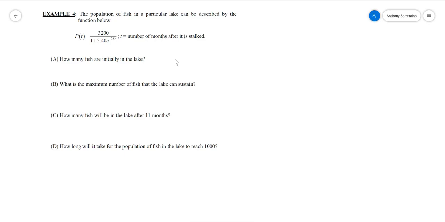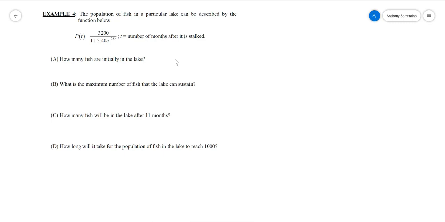So for instance, we have this function P of t, which equals 3200 over 1 plus 5.40 e to the negative 0.5t, where t is the number of months after it is stocked. And they're saying, based off of this logistic function, how many fish were initially in the lake? We're not being told that.